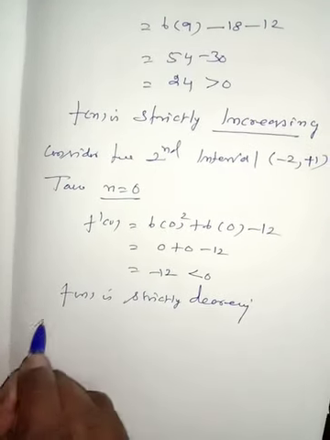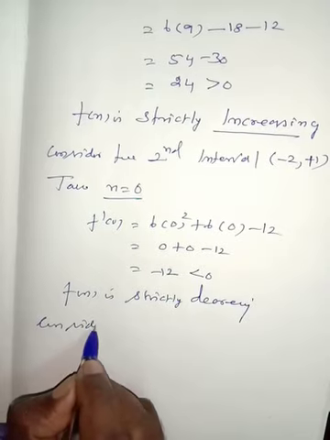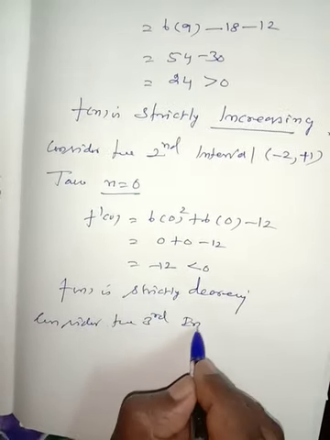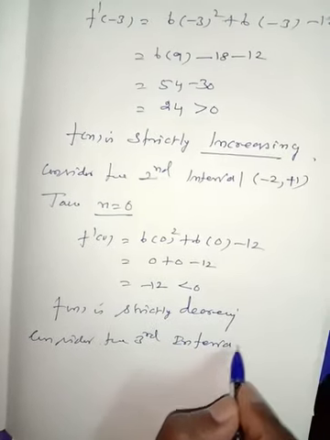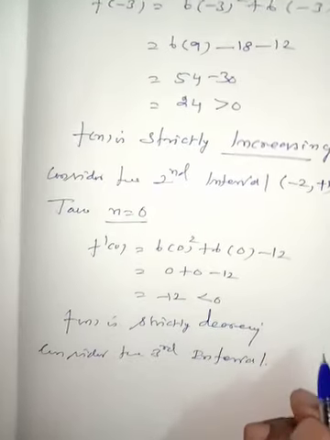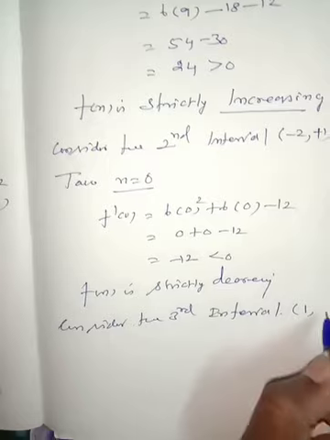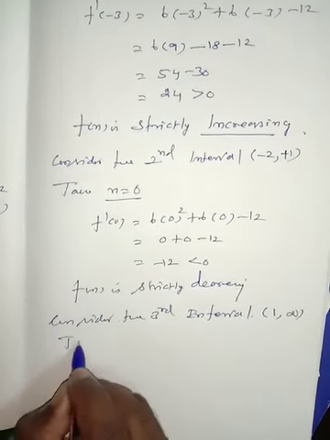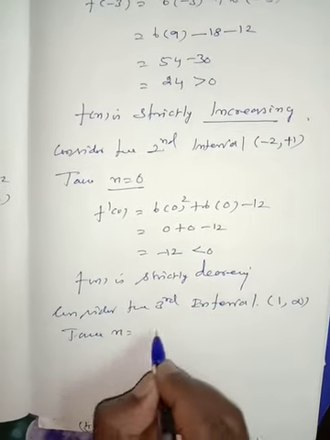Next, consider the third interval, 1 comma infinity. Take x is equal to 2.